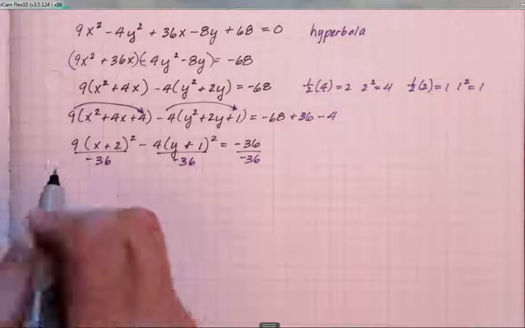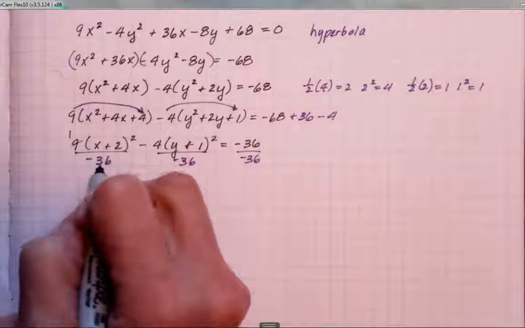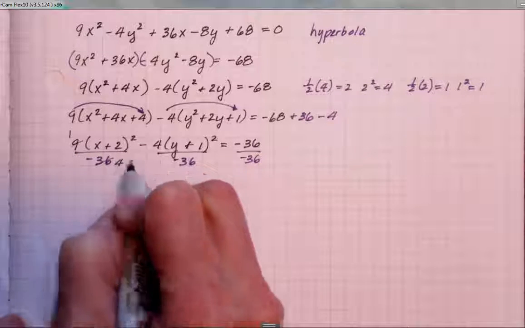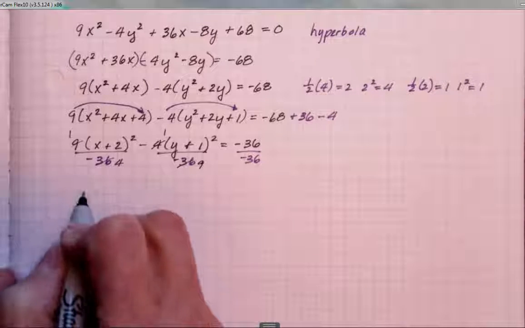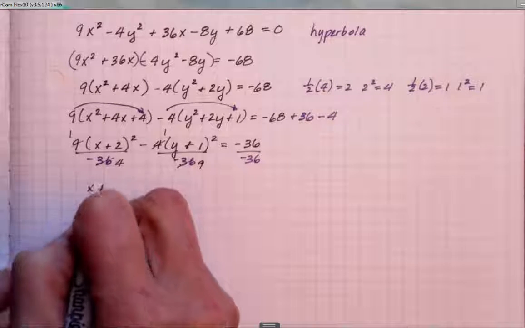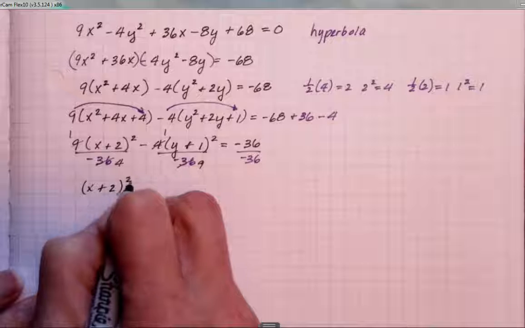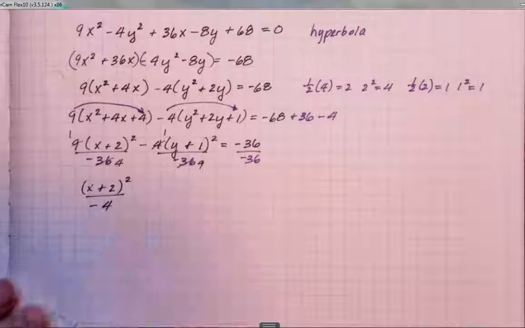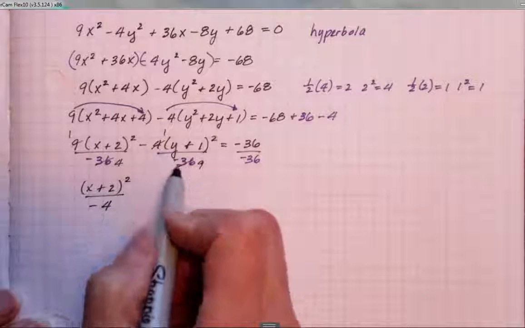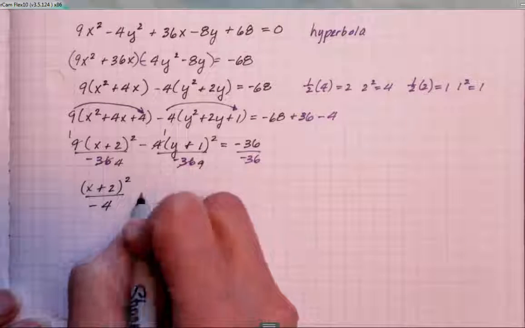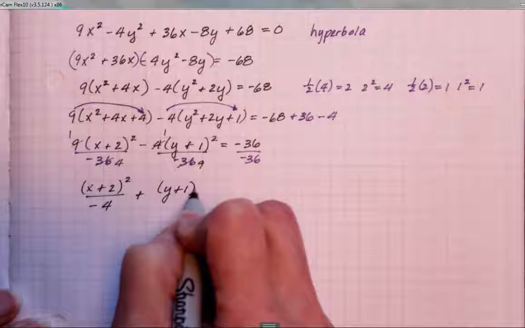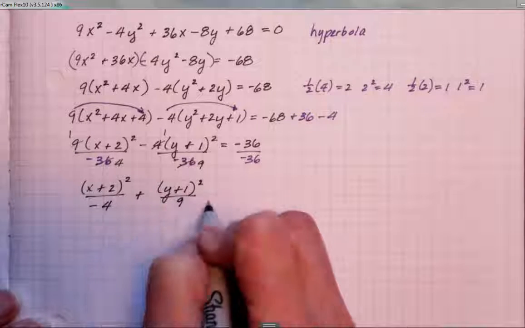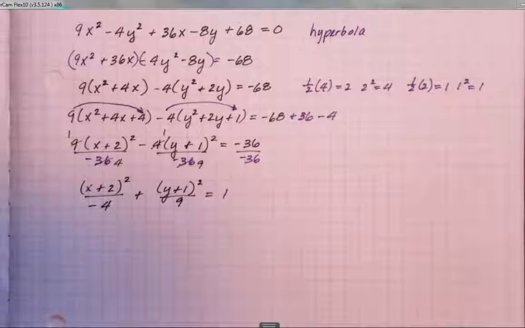When I do that, I have a common factor of 9 and a common factor of 4. So I end up with x plus 2 quantity squared over negative 4. Here I have a negative and a negative. That's going to give me a positive y plus 1 quantity squared over 9, and that's going to be equal to 1.